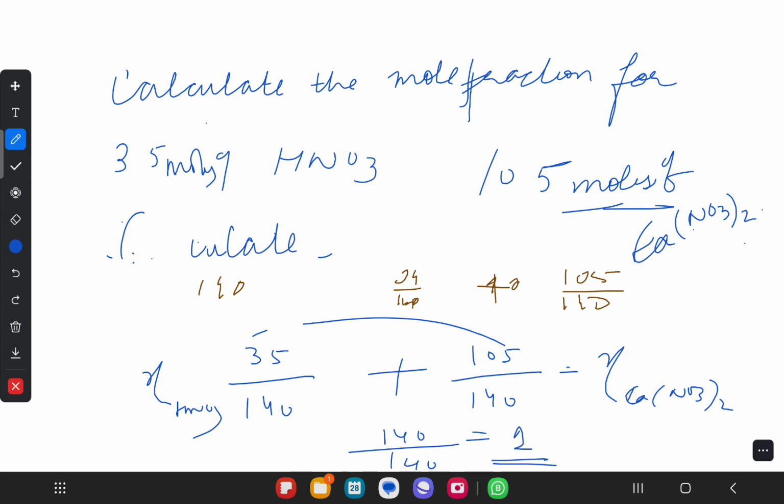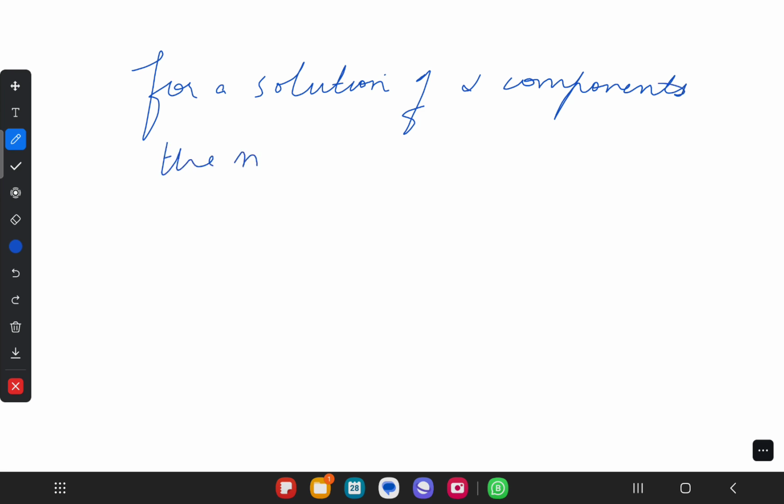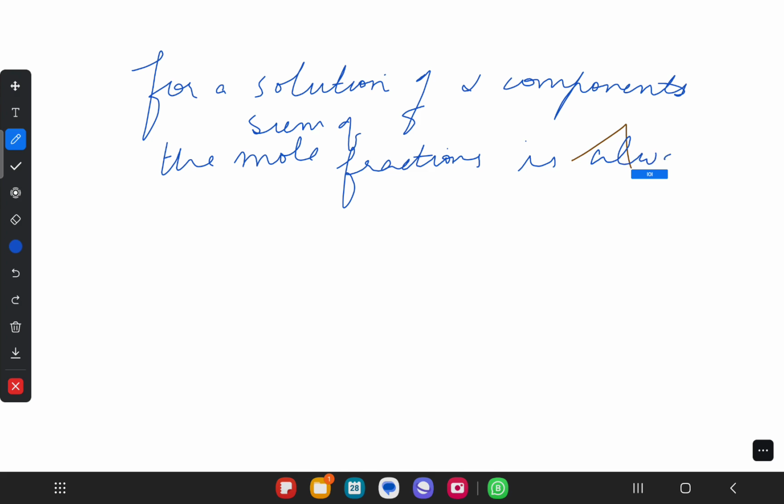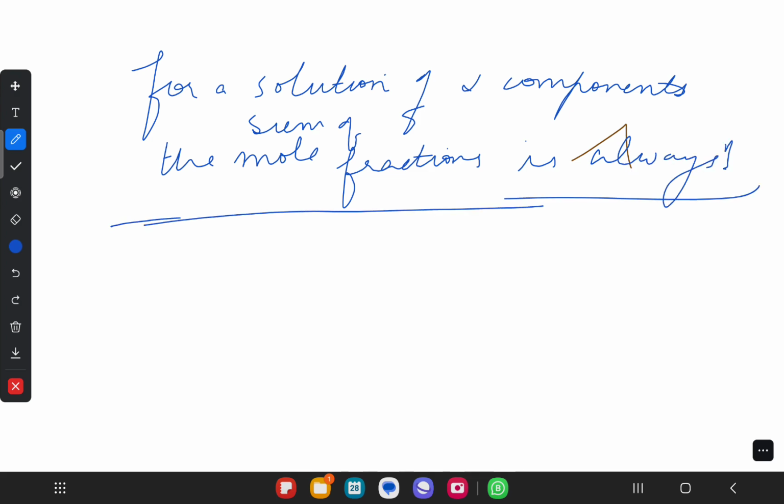Which means that for a solution of two components, the sum of the mole fractions is always 1. Are you understanding? Any doubts in this?